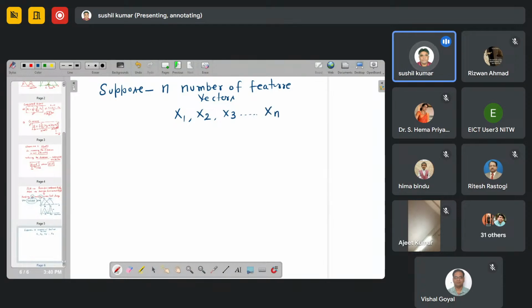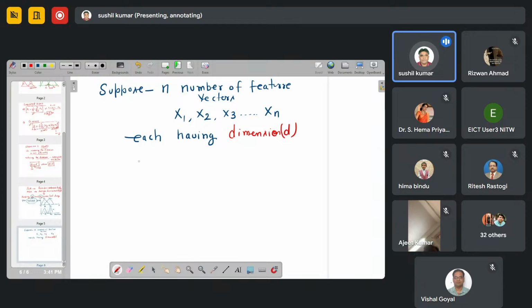So that many feature vectors I have. Each feature vector has a dimension, and the dimension is d in this case.